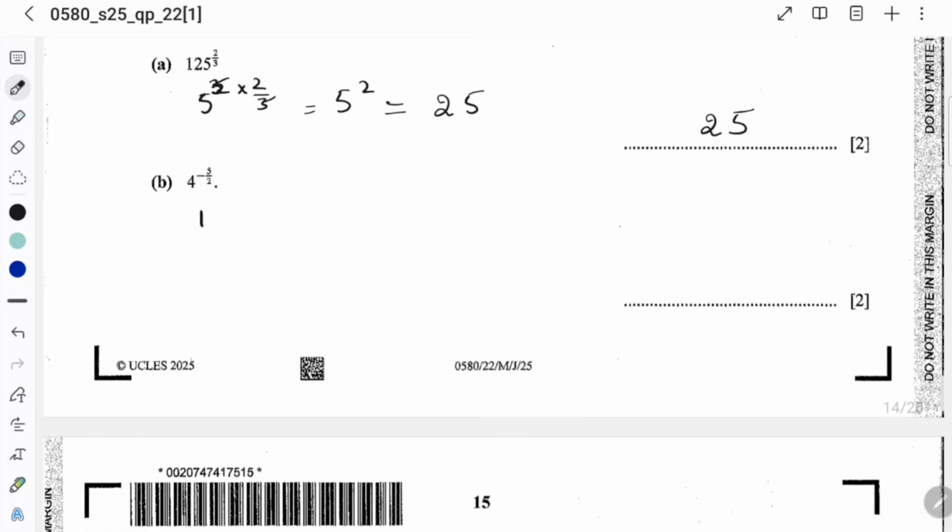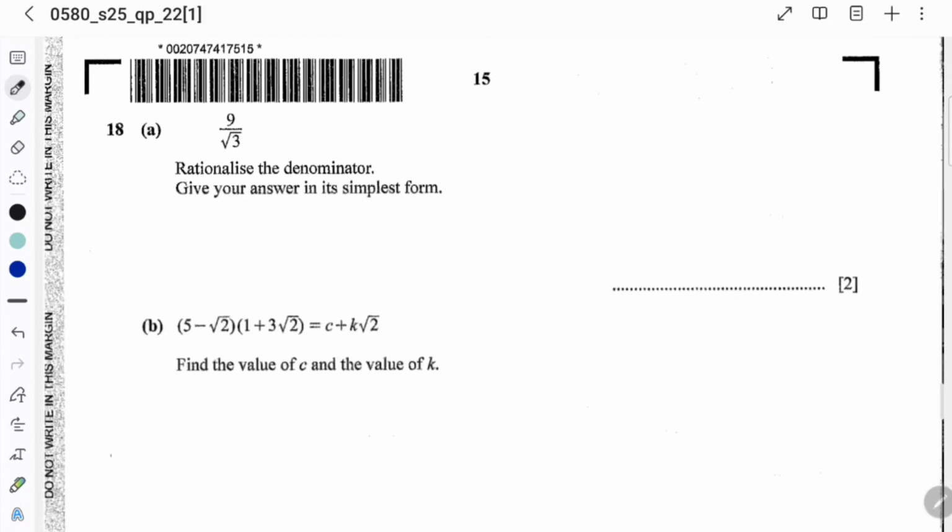So that is 1 upon 4 to the power 5 over 2, which is equal to 1 upon 2 square to the power 5 over 2. Alright, which will become 1 upon 2 to the power 5, because 2 and 2 cancel, and 2 to the power 5 is 32. So 1 over 32 is the answer for this question.